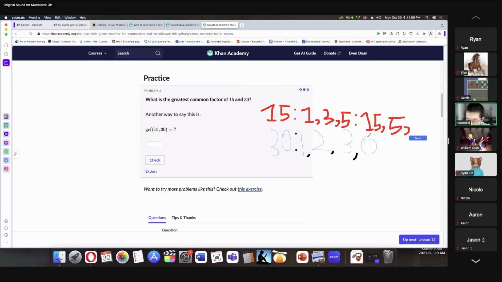I think that's a 6, if I'm not mistaken. Oh, wait, that was the 30. Sorry. So you know it's divisible by 1, divisible by 2, divisible by 30. And Aaron, I think you've written 1, 3, 5, 15, 5, 3.